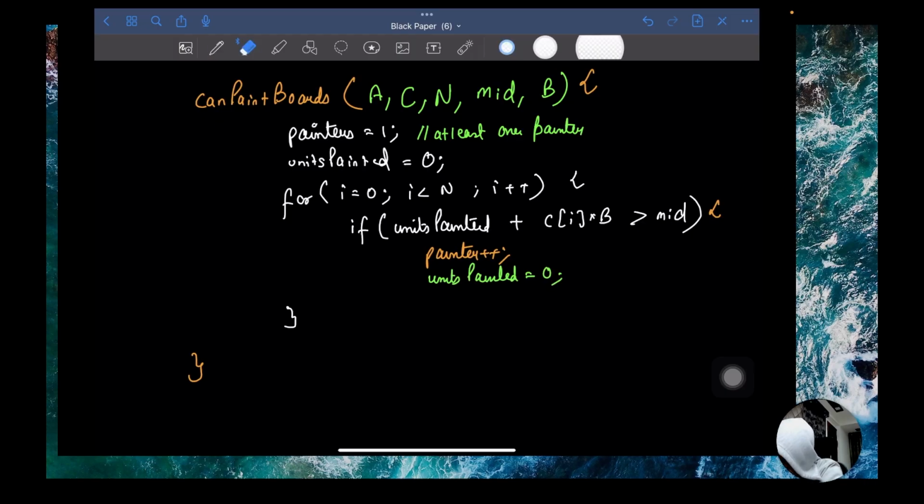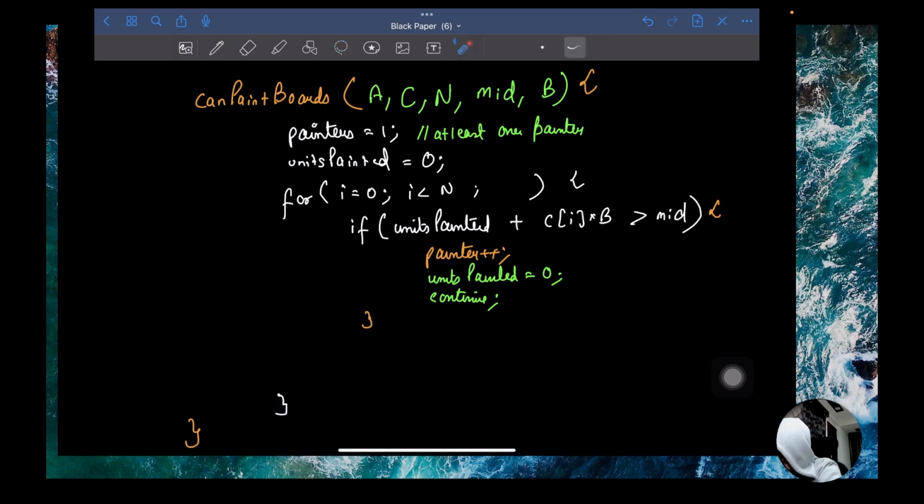I will not do i plus plus here, I'll do it separately. Now I am starting with another painter and resetting the painting count because a new painter has been allocated, and I will do continue.